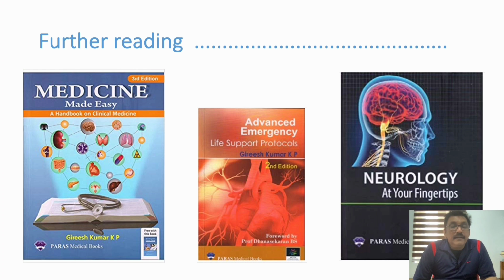You can try raising the head end by 30 degrees, avoiding any painful stimulus, then 3% saline around 300 ml in 1 hour, mannitol 300 ml in 1 hour, and hyperventilation with the help of mechanical ventilation, propofol to sedate the patient completely. These are the options available, but surgical intervention is the best option if the patient is deteriorating.